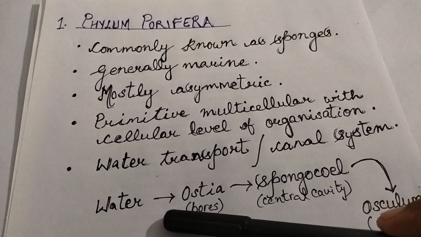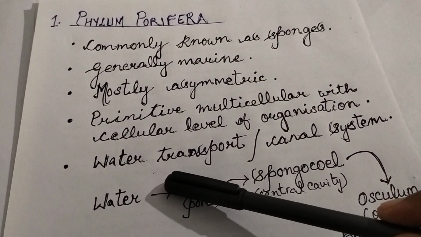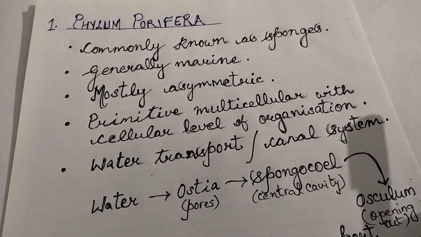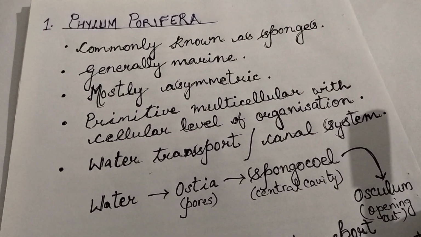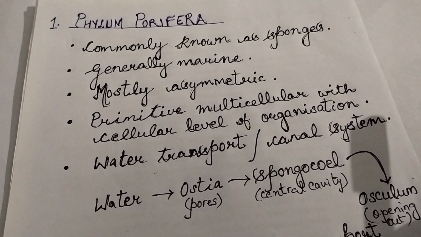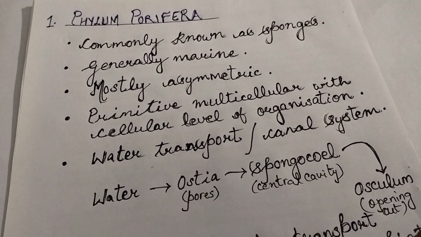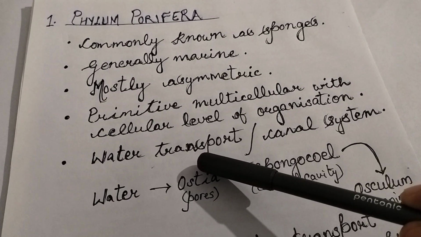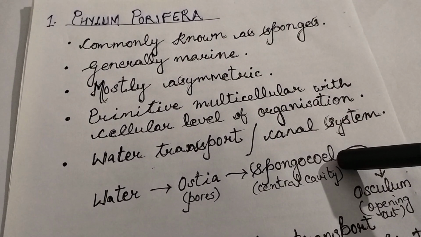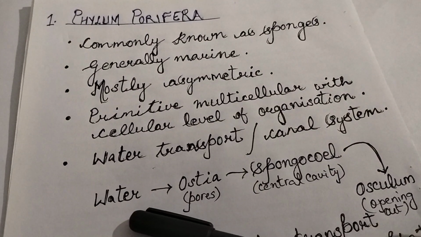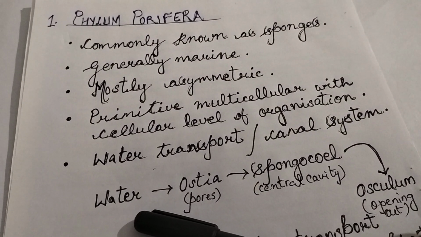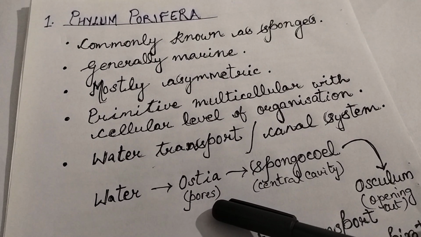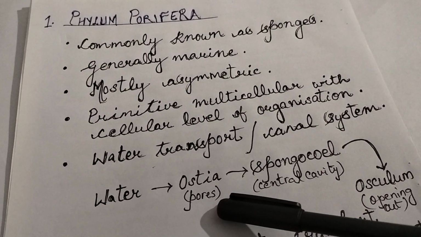Now the important thing in poriferans: there exists a water transport system, also known as the canal system. Now listen carefully, these are important characters of poriferans. Sponges have a water transport system or canal system. Water enters the animal body through minute, very small pores.